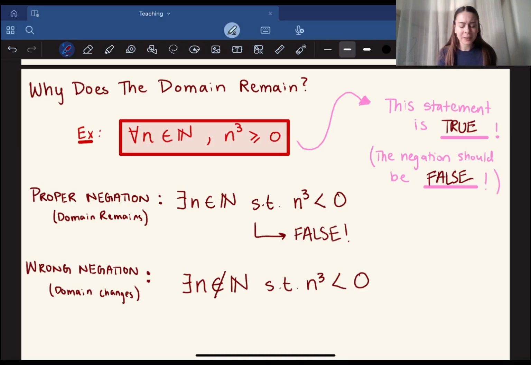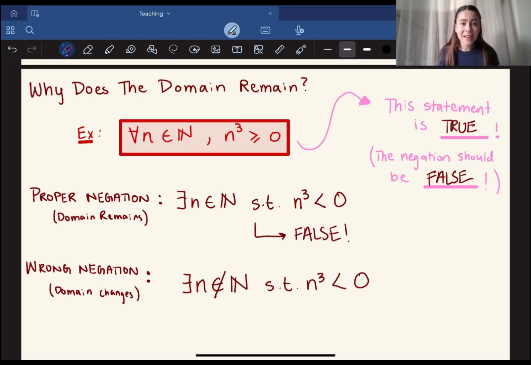Well, let's think about this. There exists a number which is not a natural number such that n cubed is less than 0. Well, if we take any negative integer and cube it, we get back a negative integer, right? Let's take -1, for example. -1 is not a natural number, but if we cube it, we get -1 as well, which is strictly less than 0.